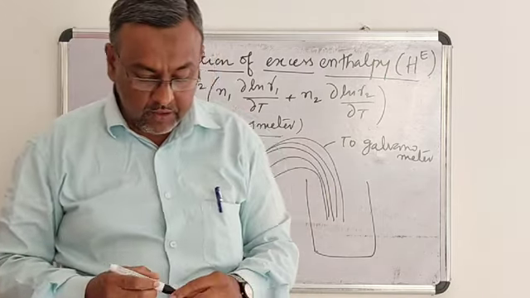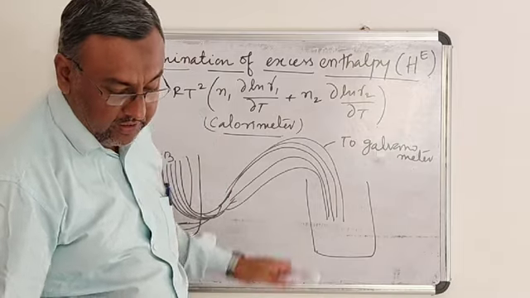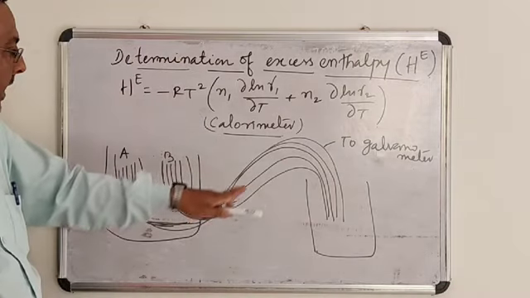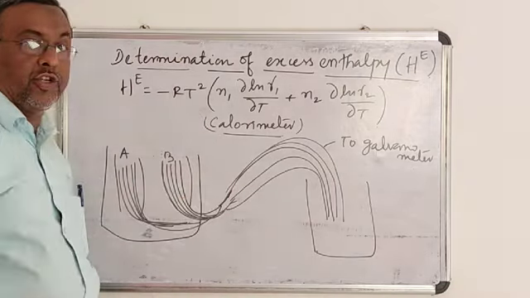So from the galvanometer reading, we can find out the value of delta H. From the delta H, we can easily find out the heat change on mixing of these two solutions.